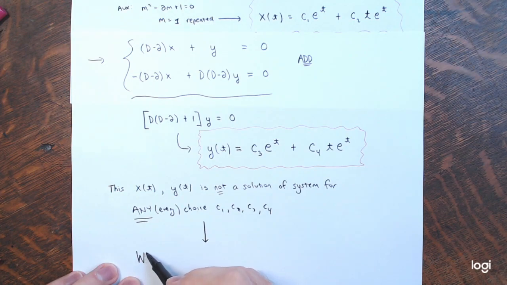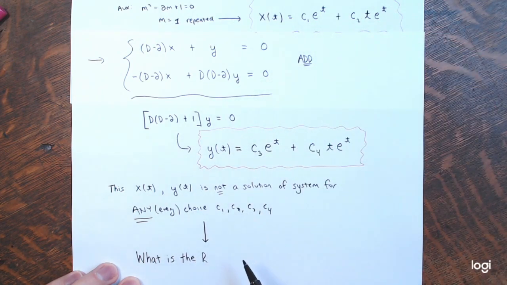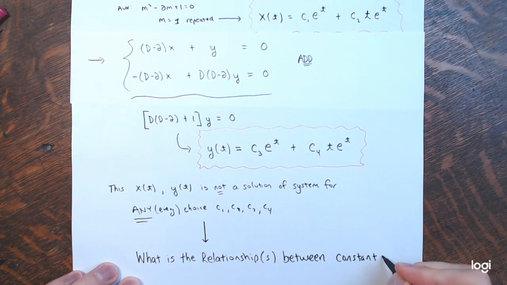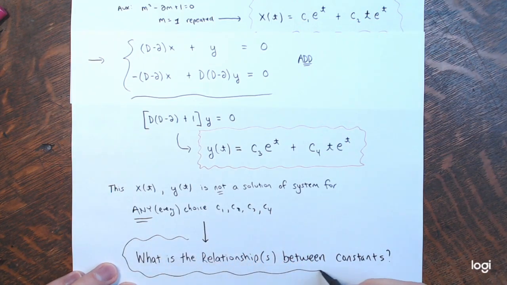So the big question now is, what is the relationship between these constants, C1, C2, C3, and C4? How would I choose them in order to get actual solutions to the system?